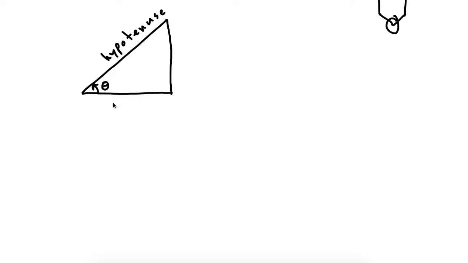We'll call this side the adjacent side because it's close to theta. It's the one that theta touches. And we'll call this one the opposite side because it's opposite theta and doesn't touch it. And I can't even spell opposite at this point.